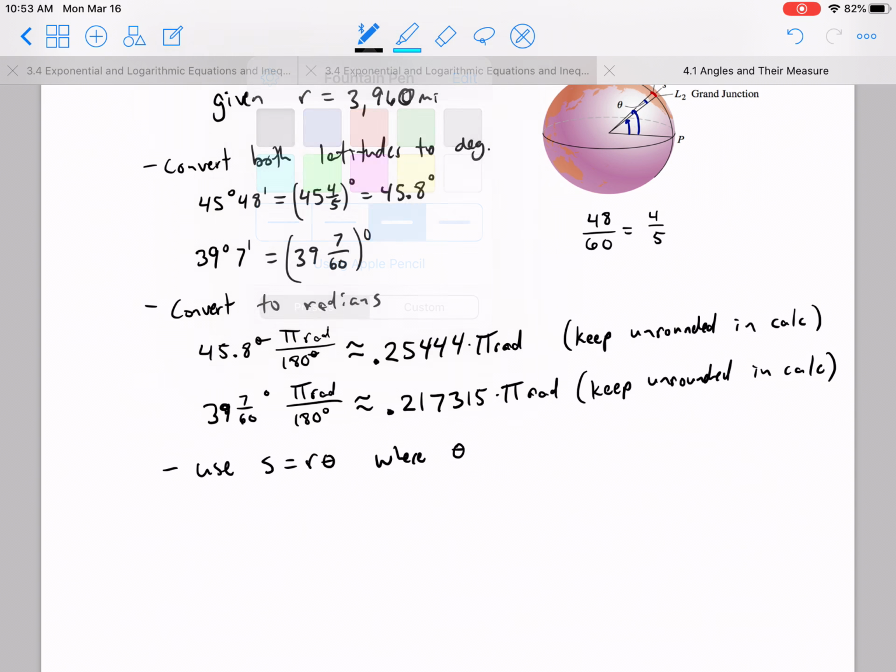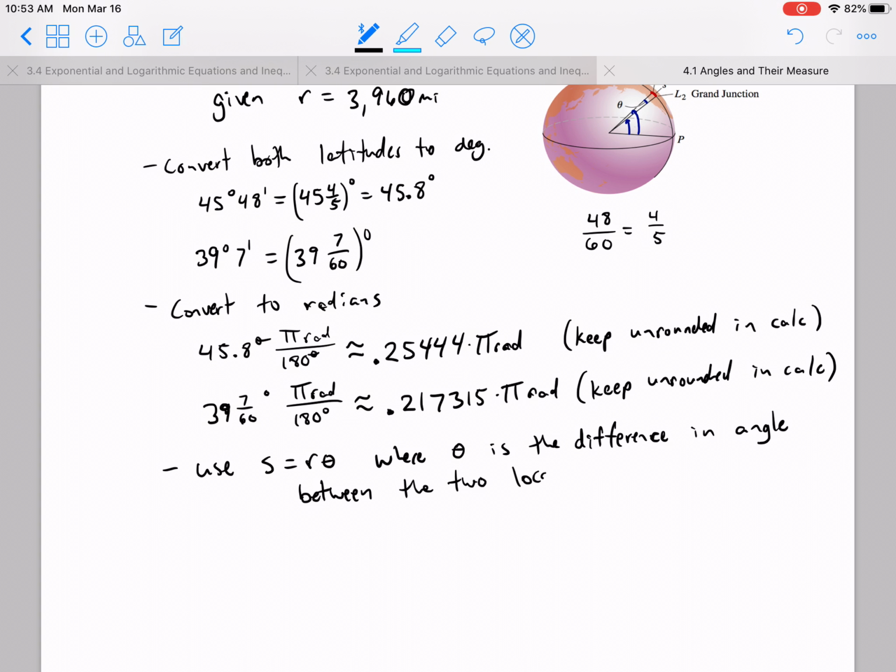So where theta is the difference in angle between the two locations. Okay, and so we'll do this.